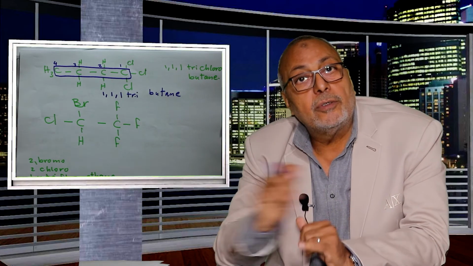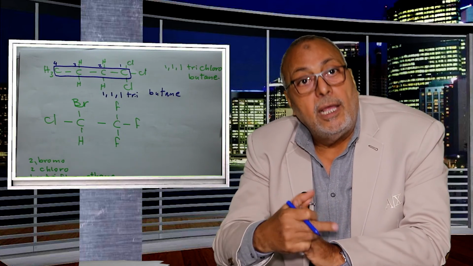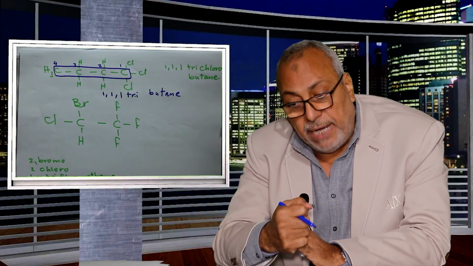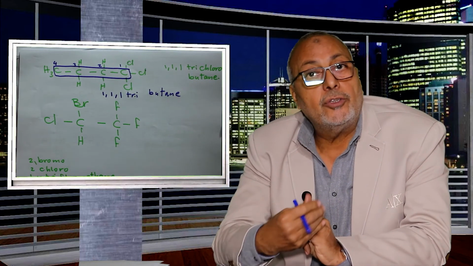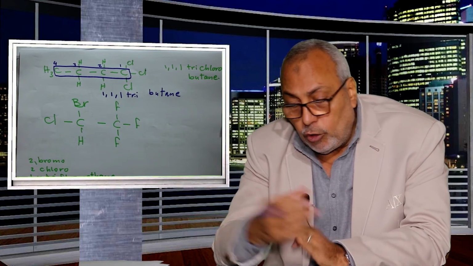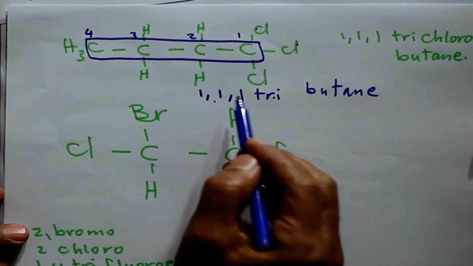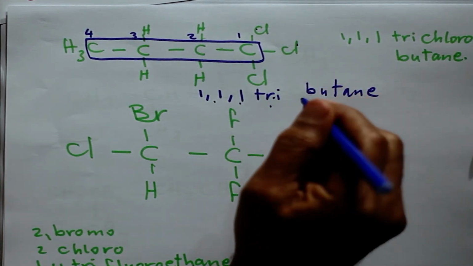We must know mono, di, tri, tetra, according to the number of branches. Mono means 1, di 2, tri 3, tetra 4. 1,1,1-trichlorobutane.